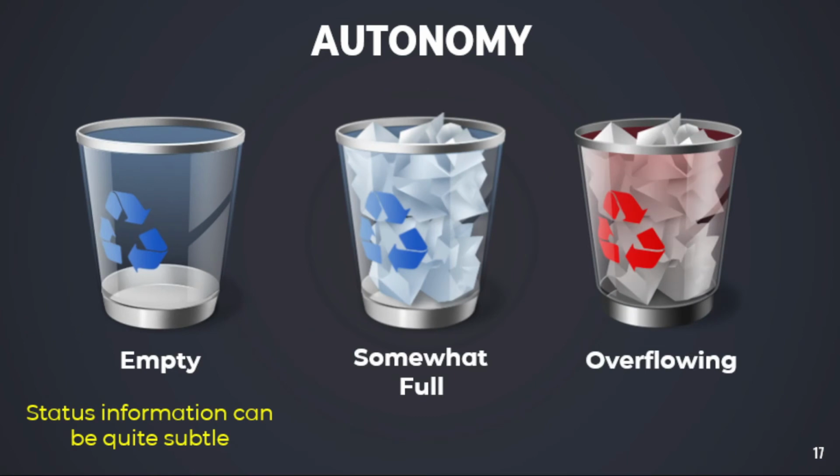You're familiar with this, right? These are recycle bins. The status of these recycle bins can be assigned as empty with no contents, somewhat full, which is almost full, or overflowing. Which means that your recycle bin is already at a bursting state.